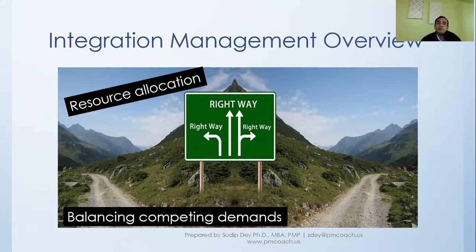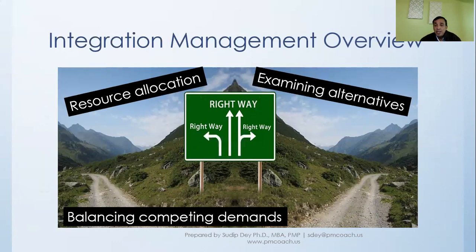Or in terms of finance, for example, there is a need to increase the scope, but we don't have the money, so where do we cut down, and in what way will we balance this scenario? This is a choice we as project managers will definitely have to make. Then there is examining alternatives in different areas and phases of the project.